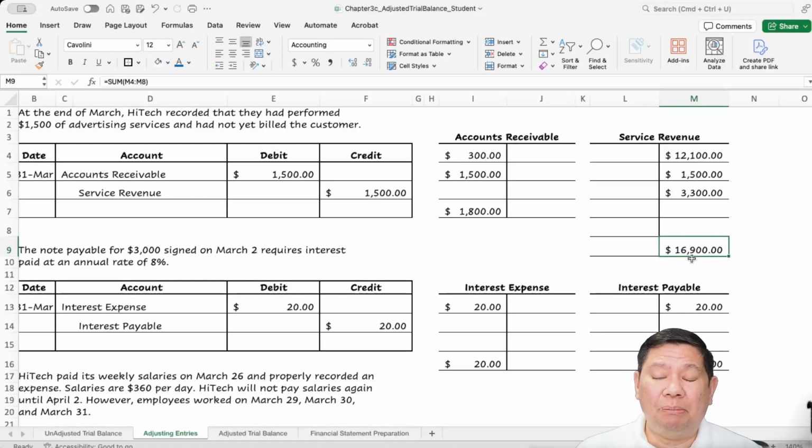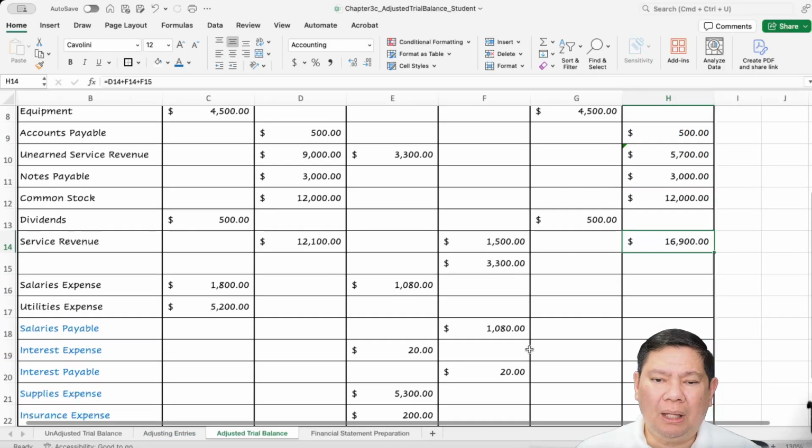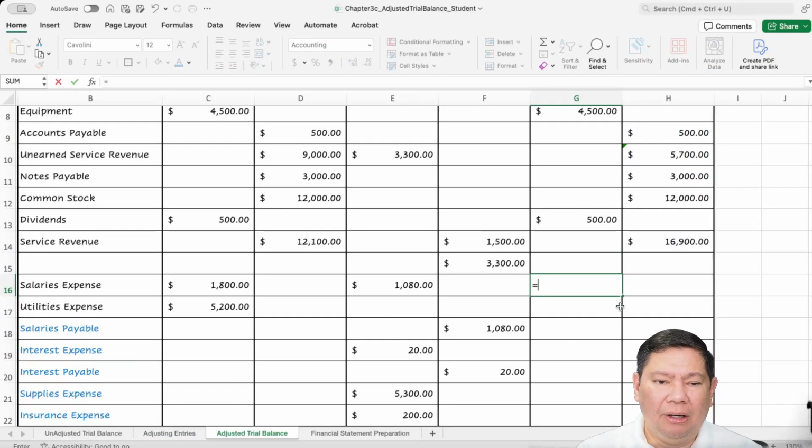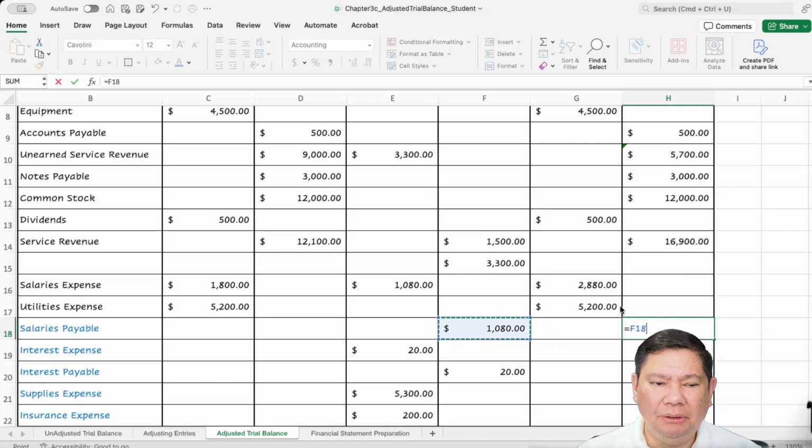So we can prepare the trial balance from all these T accounts. Salaries expense, originally 1,800 unadjusted. Now we added 1,080. Utilities expense, no adjustment. Salaries payable, that's new. Interest expense, that's new.